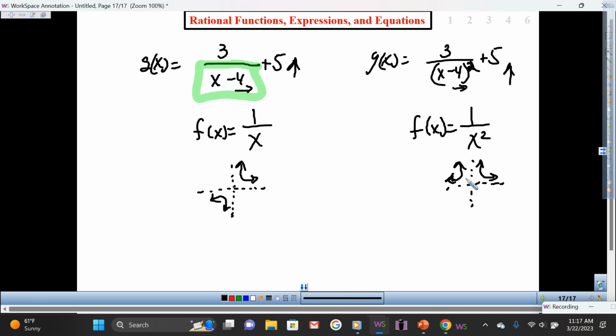All right, so far so good, yes? Yes, Mr. Q. However, we can't have a 3 on the numerator. Tell your neighbor what to do with that 3 for both of them. What to do with that 3, Christopher?